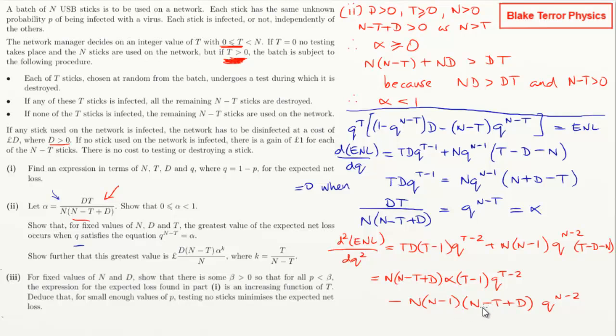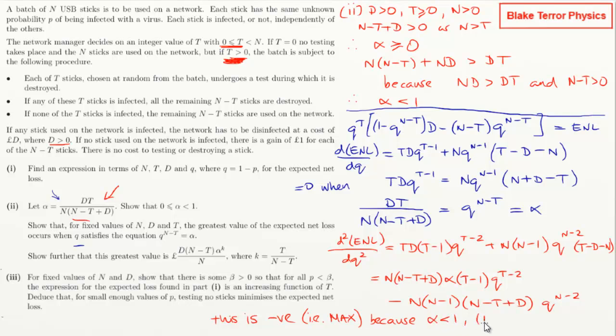Right, yeah, I can see now this is going to end up being negative, isn't it? Because we've got the same bracket there for n minus t plus d. We've got the same n. So I can say, right, this is negative, i.e. maximum, because we've got the alpha is less than 1.